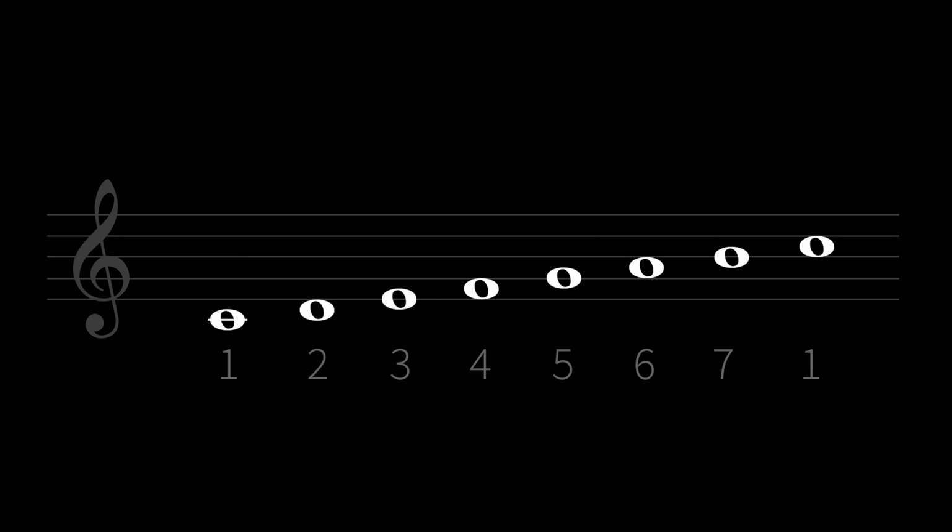Now, if I build the chord starting from 2, the triad is 2, 4, 6. In this key, D, F, A. That's a minor third between D and F, and a major third between F and A. So the 2 chord is a minor triad. We'll label it with a lowercase Roman numeral, which indicates to us that it's minor.